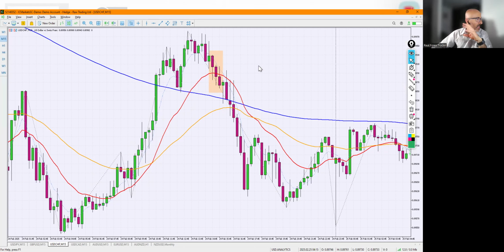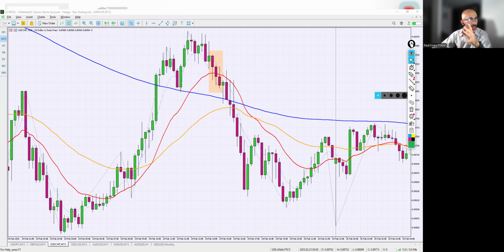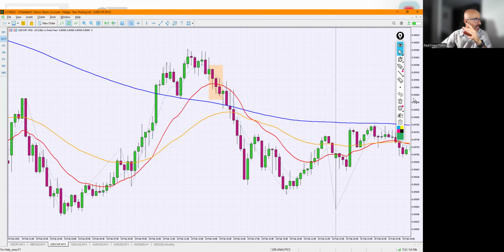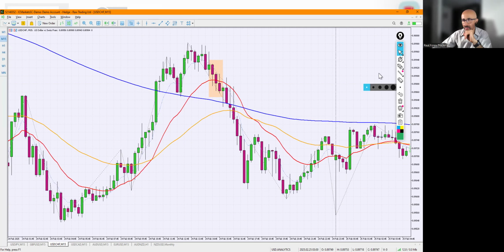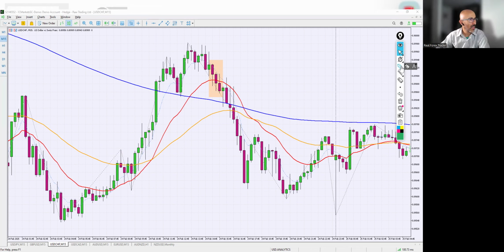I previously detected, in order to save time in the video, these beautiful three black crows. Okay, so as you can see, here is a very nice formation. Look at this. First of all, we can see that this is a bullish rally, right?